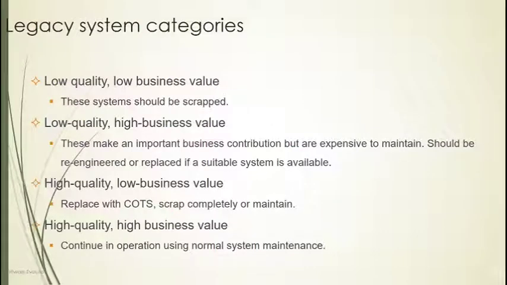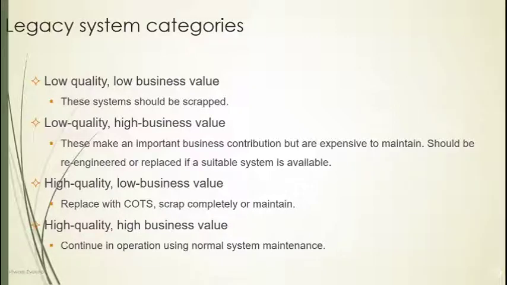And the legacy systems are categorized as low quality low business value, low quality high business value, high quality low business value, and high quality high business value. You have seen the diagram, where they are structured into four clusters of systems. So for low quality and low business value, the system should be scrapped.